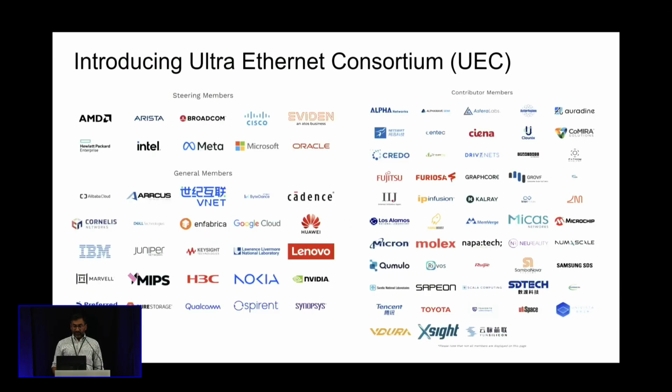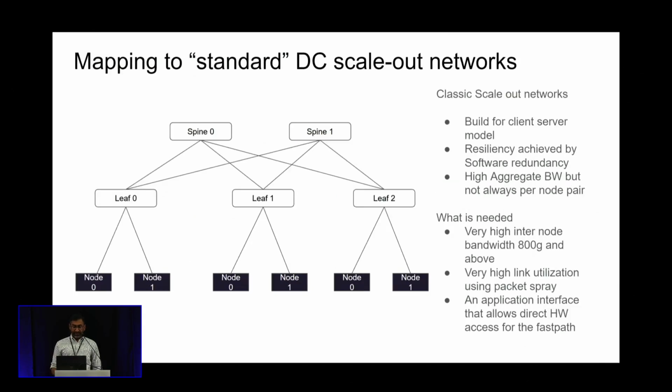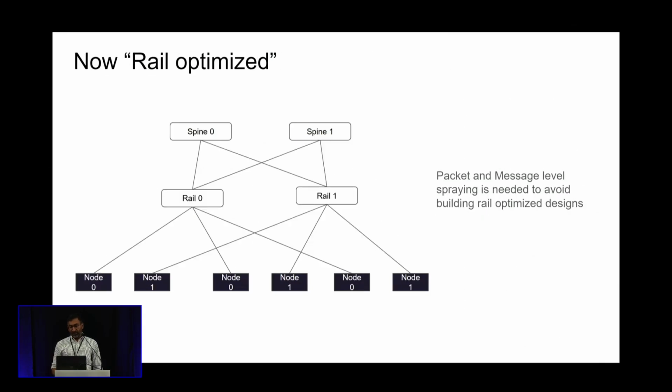Anyway, now if you look at this story, you understand what we are going to talk about next, which is one of the reasons why UEC exists: to try to build this class of networks and be able to provide, on Ethernet, all the requirements of a highly capable infrastructure that is going to deliver full link bandwidth at a very resilient point and with the kind of efficiency that is required for these distributed computing systems.